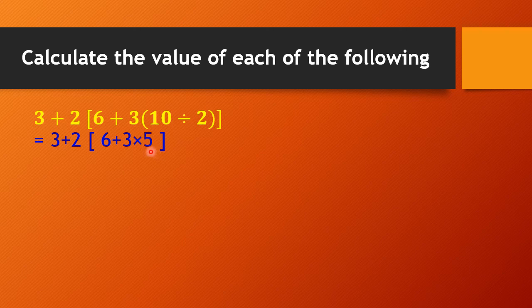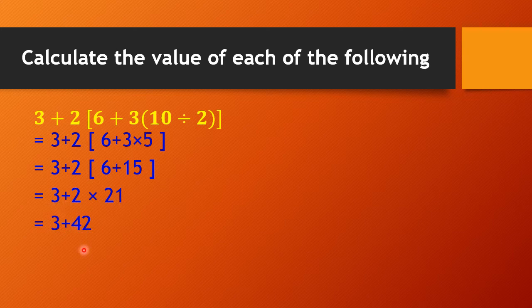After that, we will do the operations inside this bracket. It will be 3 times 5 equals 15. After that, 15 plus 6 equals 21. So we have addition and multiplication. Yes, perform the multiplication first. It would be 2 times 21 equals 42. 3 plus 42 equals 45.